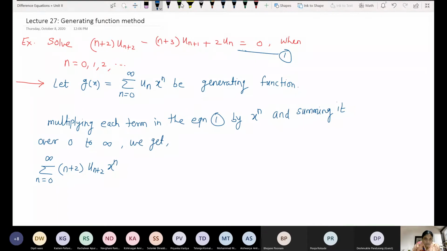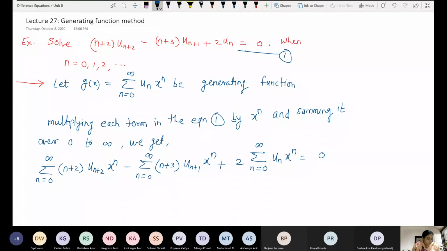I am multiplying each term by x raised to n first, and then I am taking summation from n from 0 to infinity. Is that okay? Minus summation n is equal to 0 to infinity n plus 3 un plus 1 x raised to n plus 2 times summation n is equal to 0 to infinity un x raised to n is equal to 0.